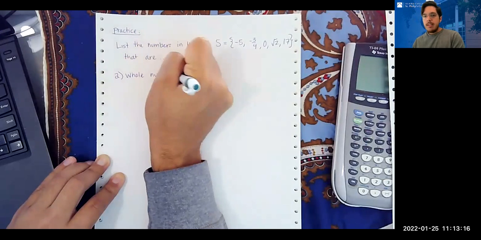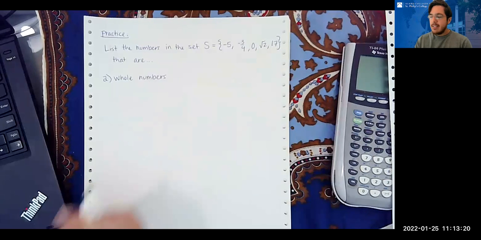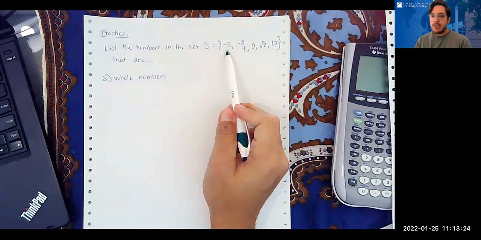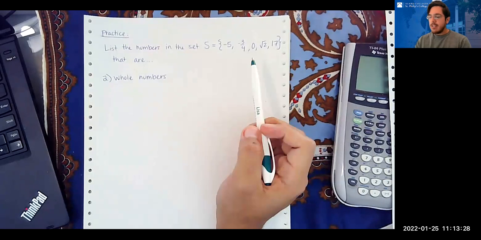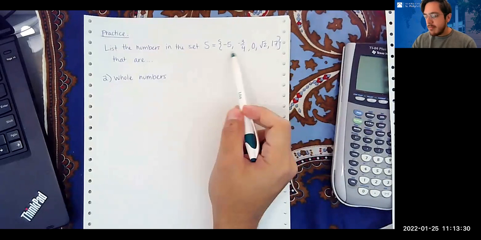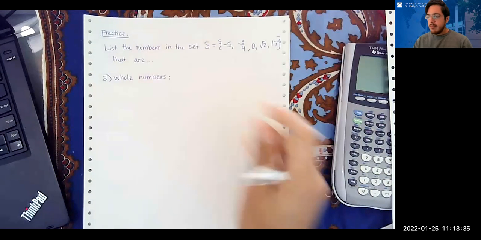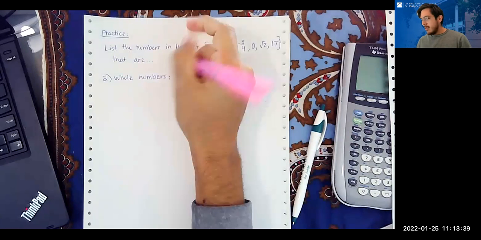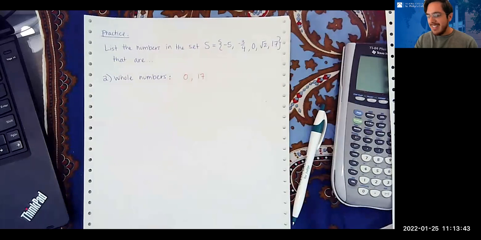Okay, first question. You're given a list of numbers here in this set: -5, -3/4, 0, the square root of 2, and 17. Which of these are considered whole numbers? 0 and 17. Yeah, 0 and 17. Does anybody have any questions about that one?